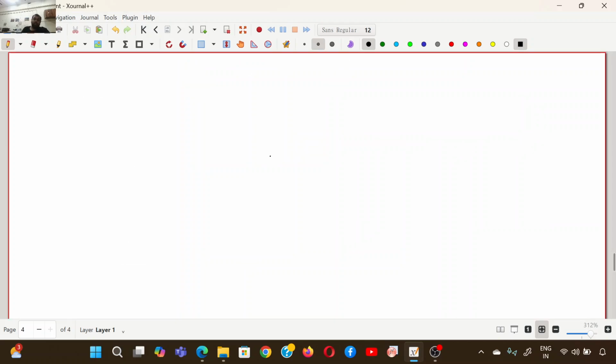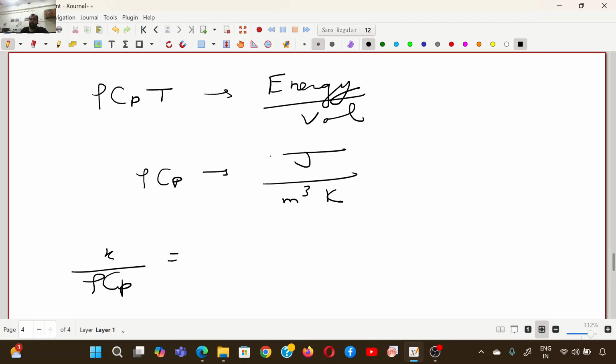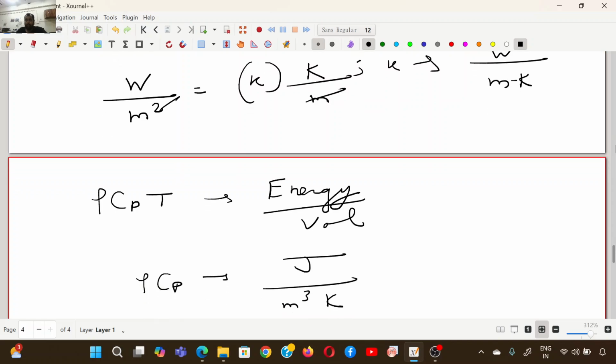Okay, so what is rho Cp? I told it is the unit of energy per volume. So what will be the unit of rho Cp? It will be joule per meter cube Kelvin. Understood? So K by rho Cp, what will the unit be? K's unit is watt per meter Kelvin.